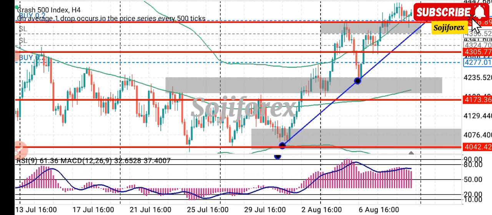All of this is happening on H4 and H1, depending on what suits you. So this I've done on my H4 or on my H1, but for me, I'm starting from my H4. Now I've connected my trend line, and you can see that price is above my trend line.